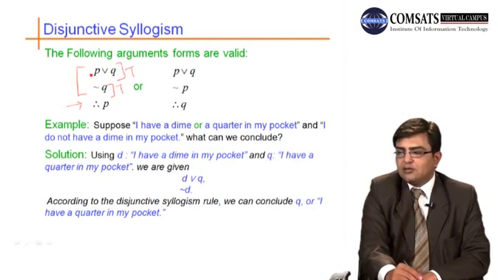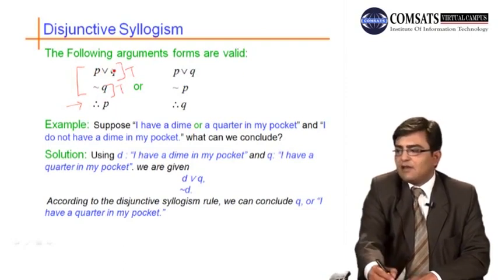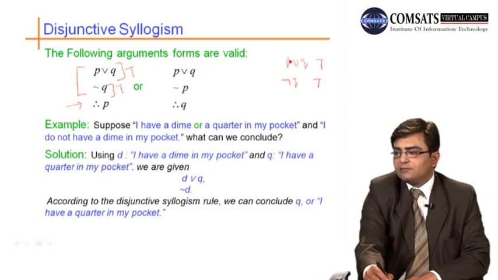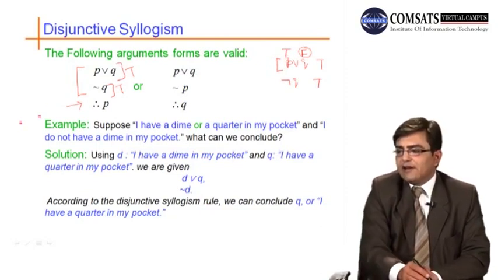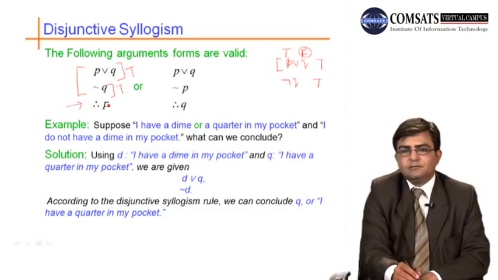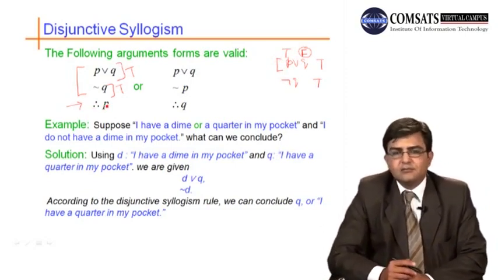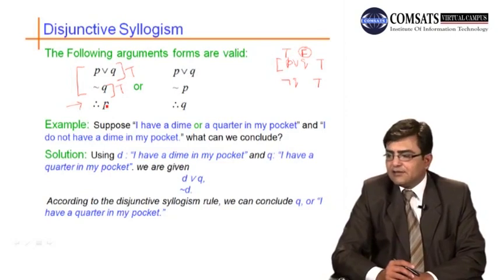So what can we conclude from these two premises? If not Q is true, then Q must be false. Now for the premise P or Q to be true, we must have P to be true. So we can write here therefore P. This type of argument is called disjunctive syllogism.